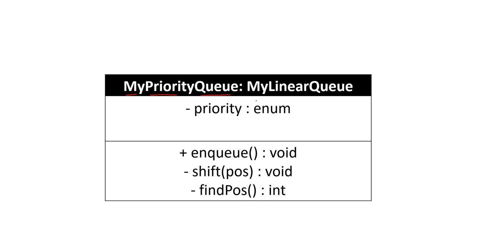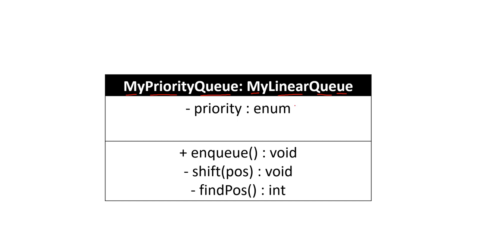And unlike before, we're not going to inherit from just standard queue, we're going to inherit from my linear queue, what we did in our last video. So we're going to have that same style of, the front pointer doesn't change places and the rest of the data items just move up.